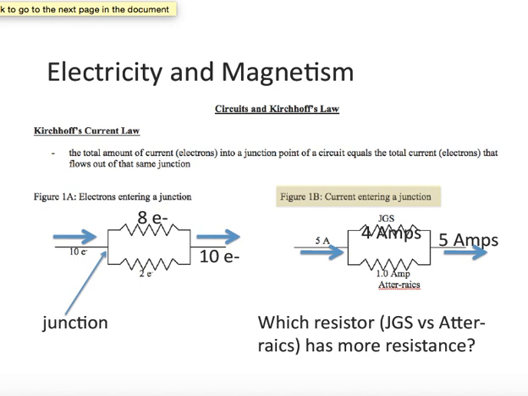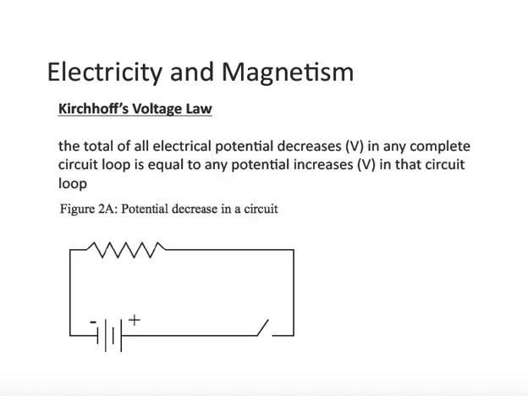Did you? I hope you did. It's the atarax load that has more resistance. It has to be because remember that the greater the resistance, the less the current. Since atarax has less current, that must mean it has more resistance.